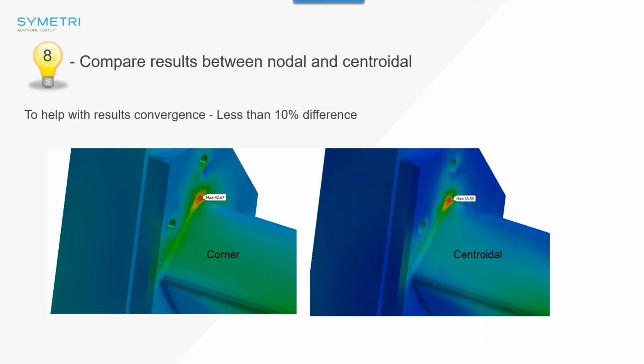You look at your corner results, then you look at your centroidal results. If the results are very close and within 10%, then you don't need to do it. You only need to do it if the result is outside 10%. So it's another clever way to find out if my mesh is good enough and if my results are good enough, by comparing corner and centroidal results.